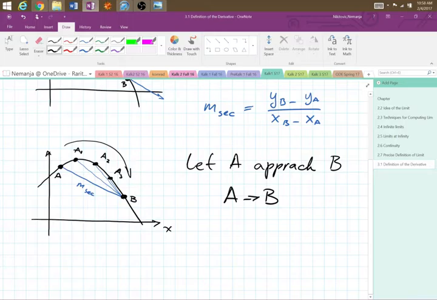But I want to say the awesome part is that even though we are not able to use algebra to compute the slope there, the line and the slope still exist. And that line is a very special line.